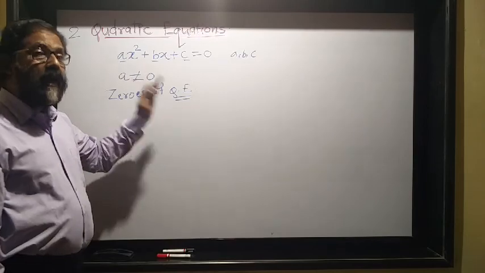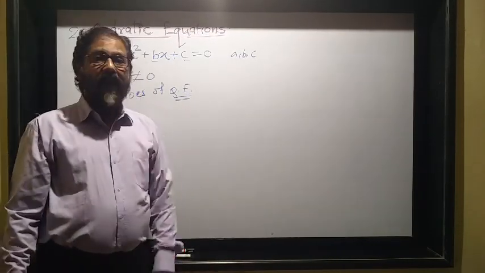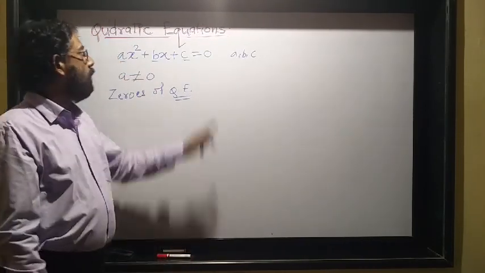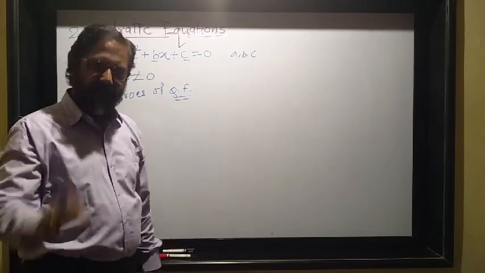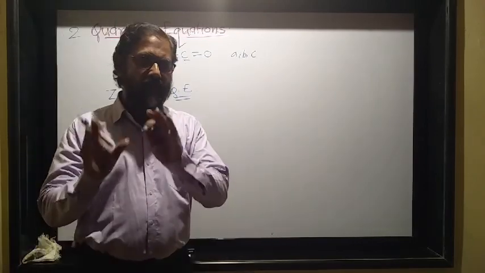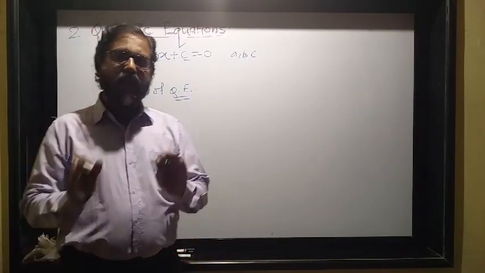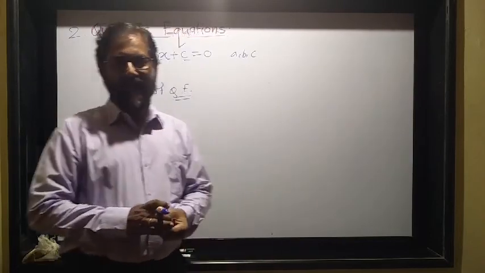That means the value of x, such that when we put that value in the quadratic equation, this LHS will become the 0. That's why it is called the zeros of the quadratic equation. For every quadratic equation, at least 2 zeros are there.